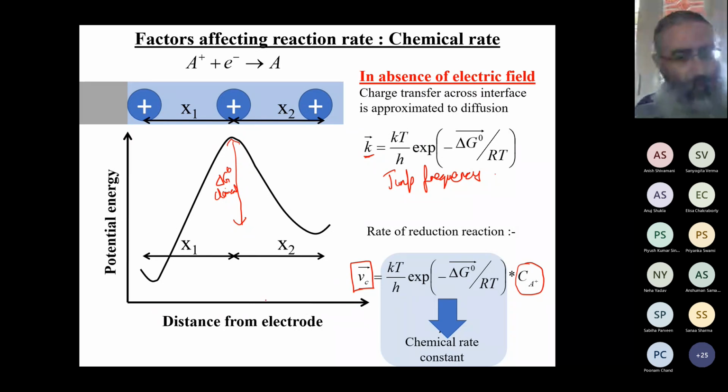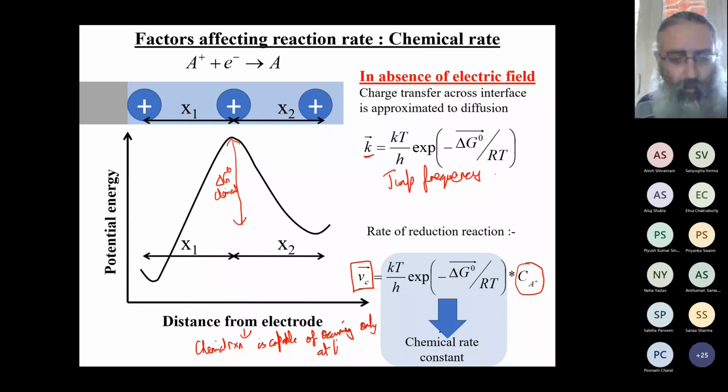This distance from the electrode is actually meaningless, because we are defining everything in the absence of an electric field. The only reason we put the distance from the electrode here is because the chemical reaction, even if purely chemical, is capable of occurring only at the interface.